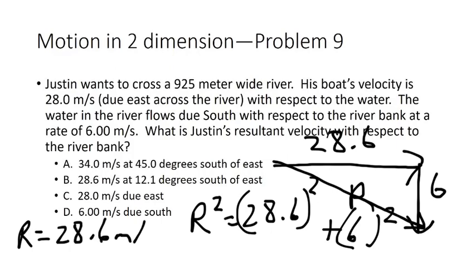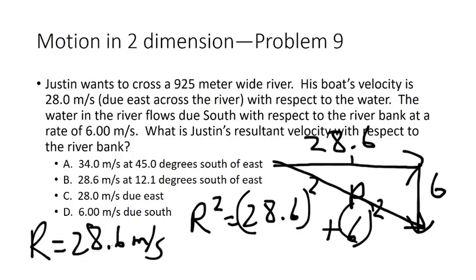Now some of you are going to fall for the trap here, and you might choose C. Remember though that velocity is a vector, and we've got to give a magnitude, which is what the 28.6 is, but we also have to give a direction, and we want to give that direction in terms of the smallest angle between our horizontal and our resultant.